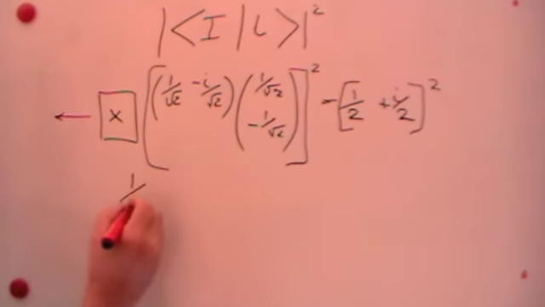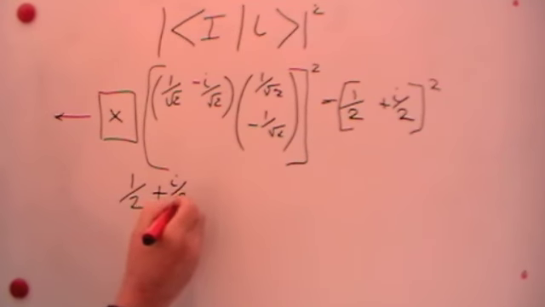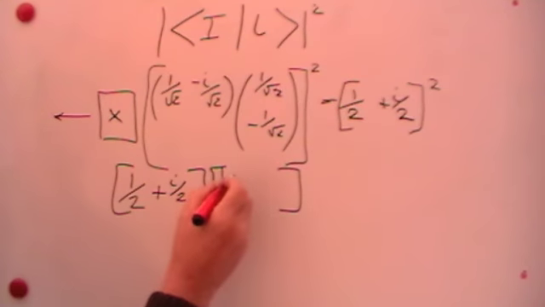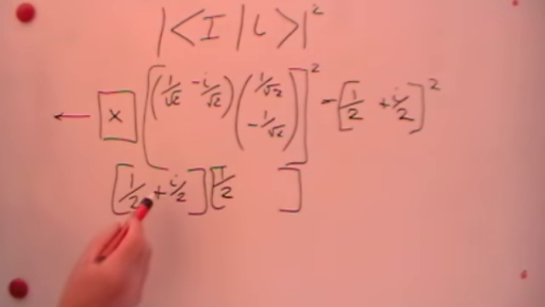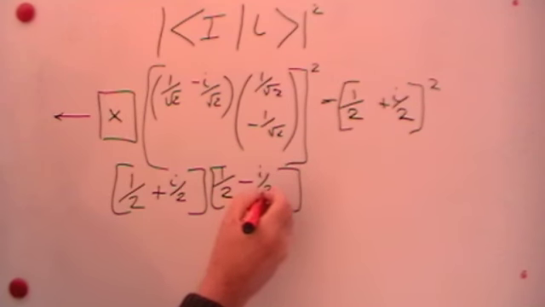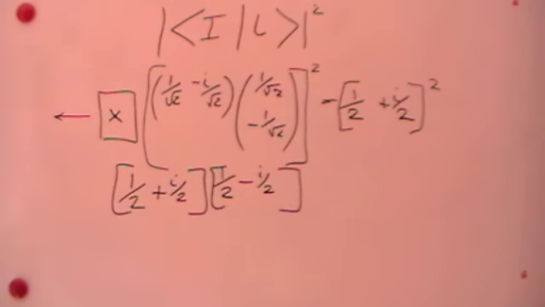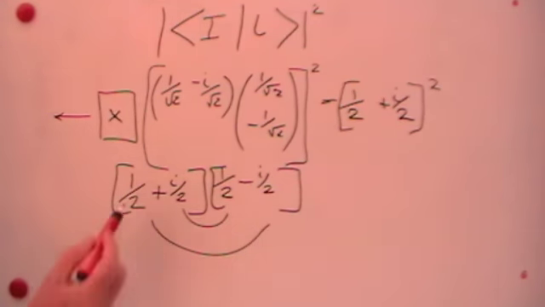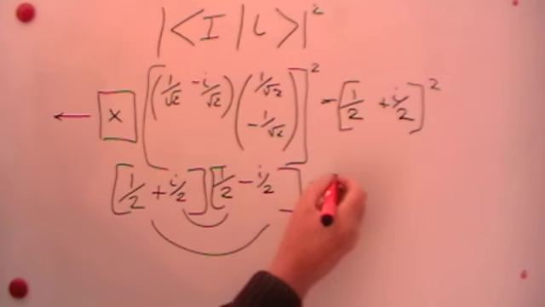So that's 1 over 2 plus i over 2, multiplied by its complex conjugate, which is going to be 1 over 2 minus i over 2, because you simply change the sign of the imaginary term. Now you'll notice that the products of those two are going to balance the products of those two. So all you're left with is a half times a half, which is a quarter.